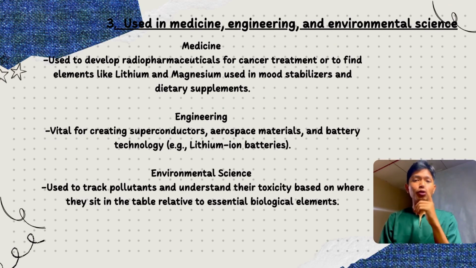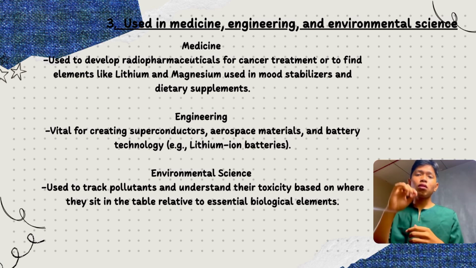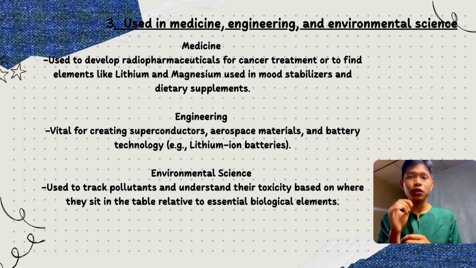Thirdly, the periodic table is mainly used in medicine, engineering, and environmental science. When it comes to medicine, this table is used to develop radiopharmaceuticals for cancer treatment or to find elements like lithium and magnesium to use in mood stabilizers and dietary supplements.